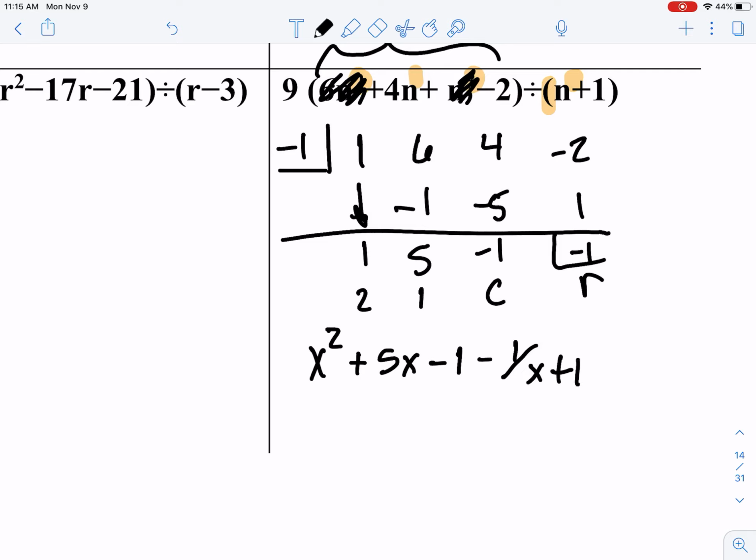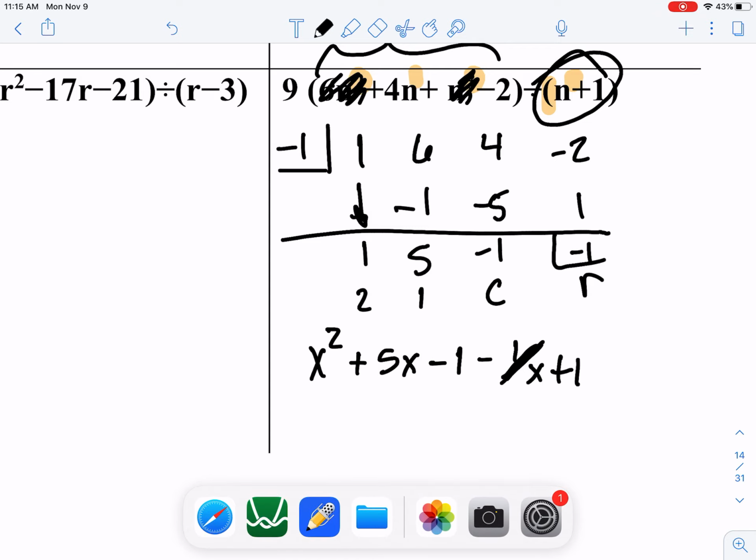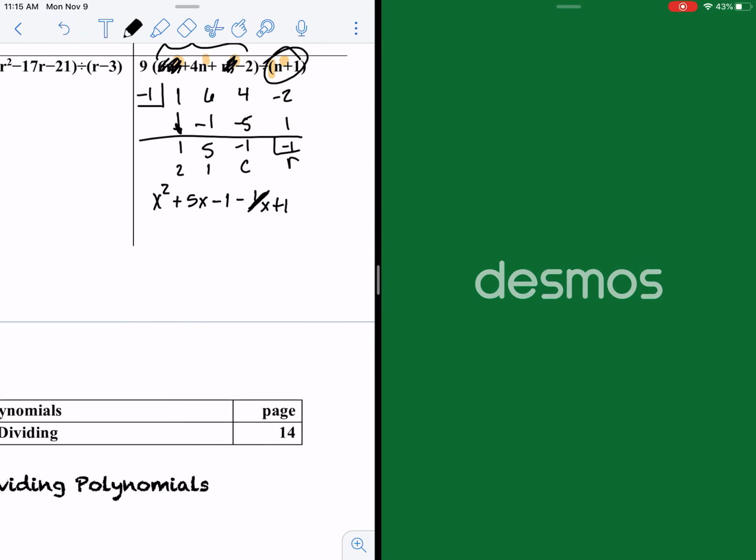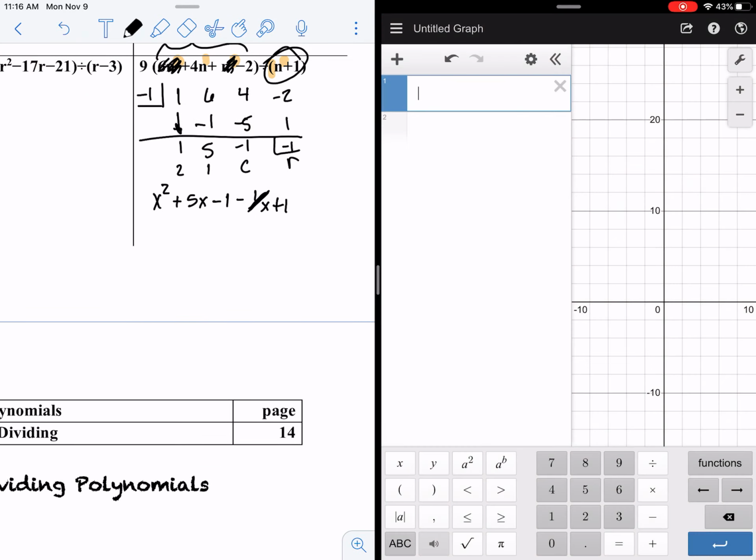If this is not a 0, you're going to divide by what you originally divided by, just like we did in long division. Now what we can do, right, because this technically is still division, is we can come over here and double check our work.